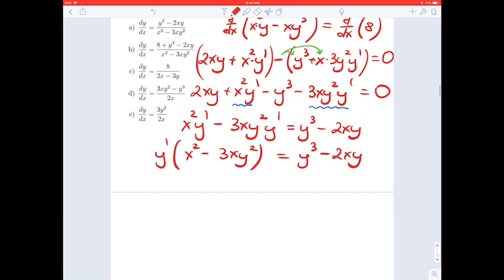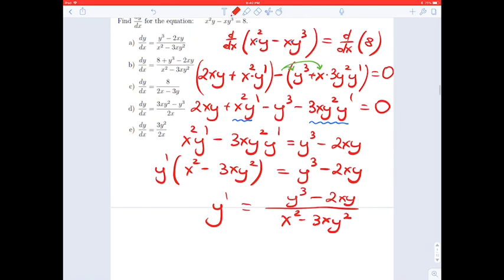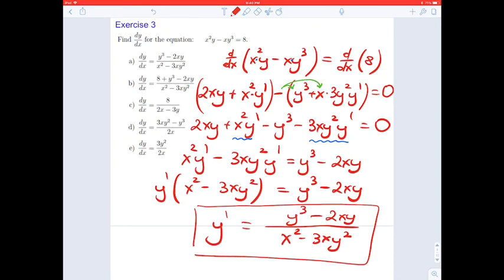I have to copy my right hand side, and I am dividing both sides of the equation by x squared minus 3x y squared, and this is y cubed minus 2xy, and I believe this is my final answer. And looking at all of these options, we always have to be really careful. I see my answer in option A.